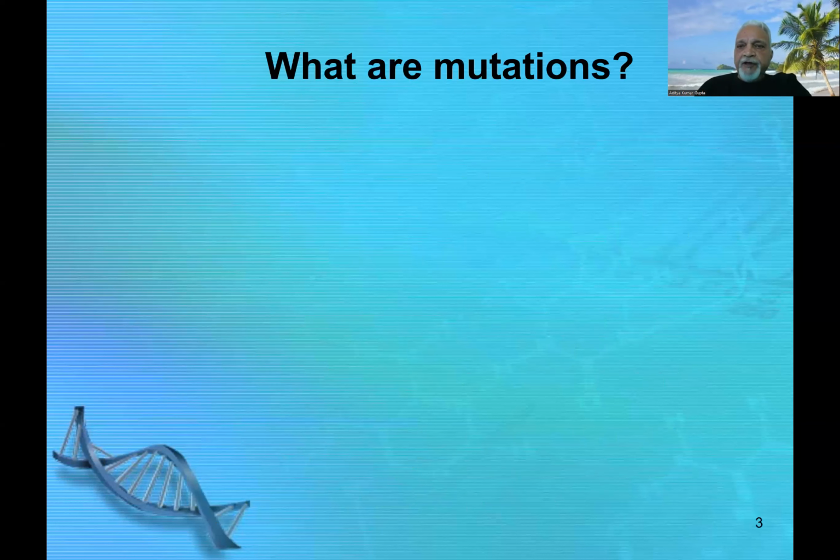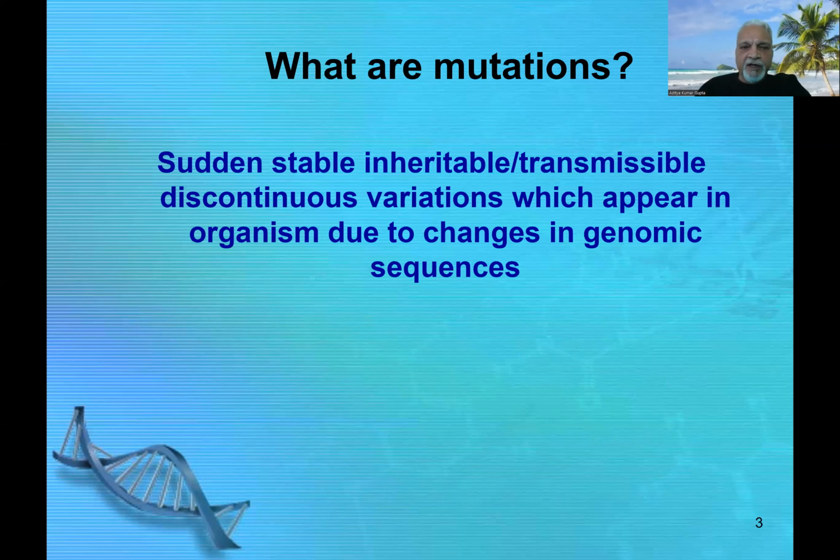So if we try to define this process, what are mutations? Okay. So you might have by now got a hint of what I'm trying to refer to. Basically, one definition which comes is: sudden, stable, inheritable, transmissible, discontinuous variations which appear in organisms due to changes in genomic sequence.